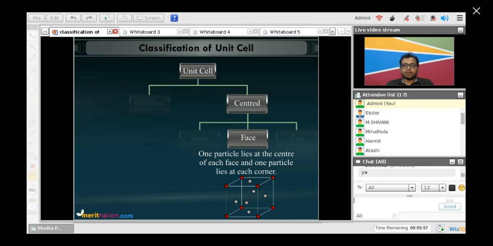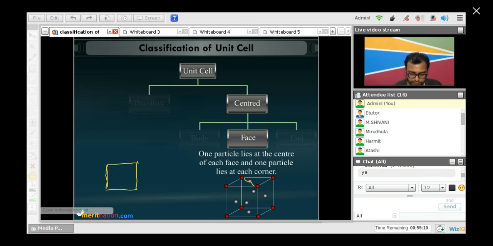Now, another type of unit cell is the face-centered unit cell. In the face-centered unit cell, one particle lies at the center of each face and one particle lies at each corner. In case of face-centered, the atoms lying on the 2 corners and the face center will touch each other.